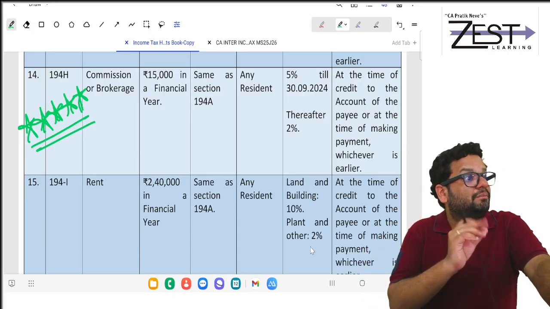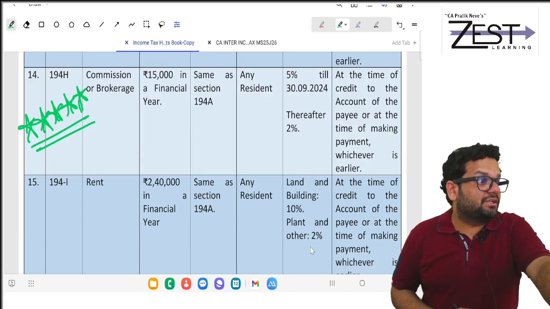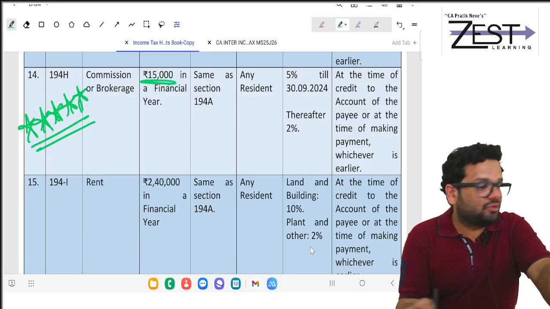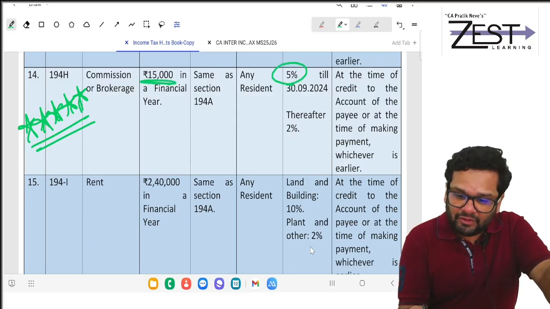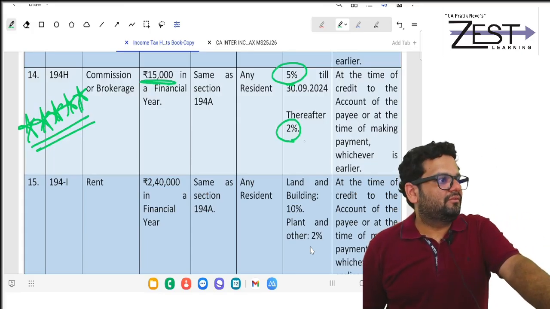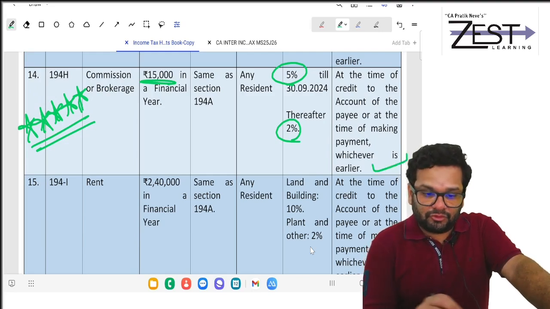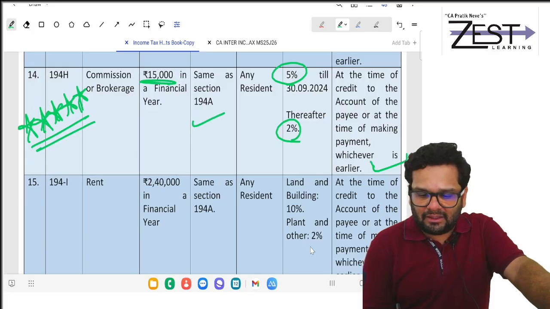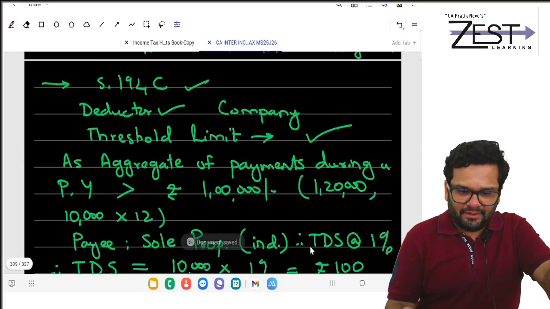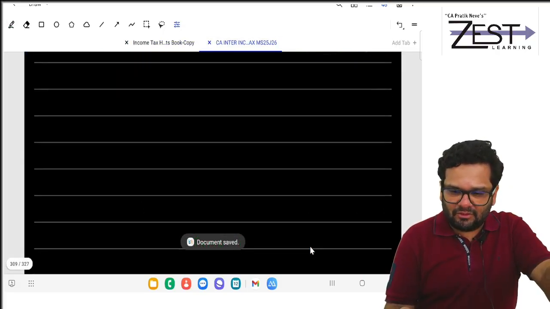When that commission payable exceeds 15,000, TDS will be done at 5/2. You know what 5/2 means now. And payer is same like 194A, and time limit is same like 193. So please analyze your 194H.